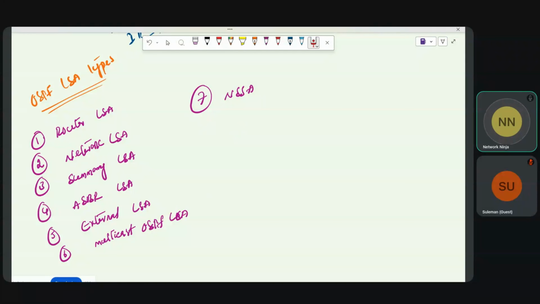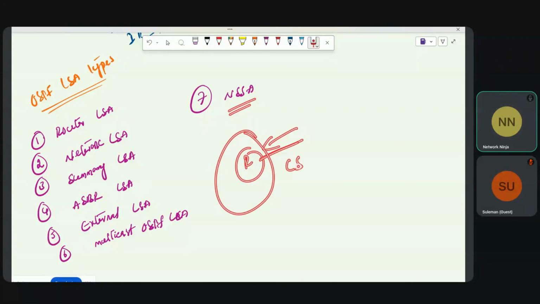The not so stubby area, NSSA, does not actually allow LSA5. If you configure a router in a stub area or not so stubby area, LSA5 is not going to be flooded in that area.